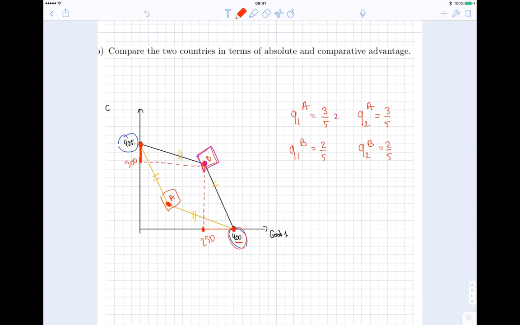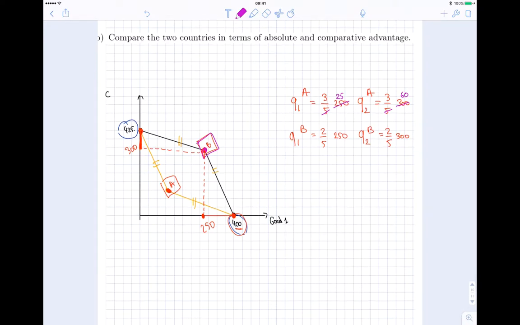One was 250. 300. Then we have Q1A is equal to 75.